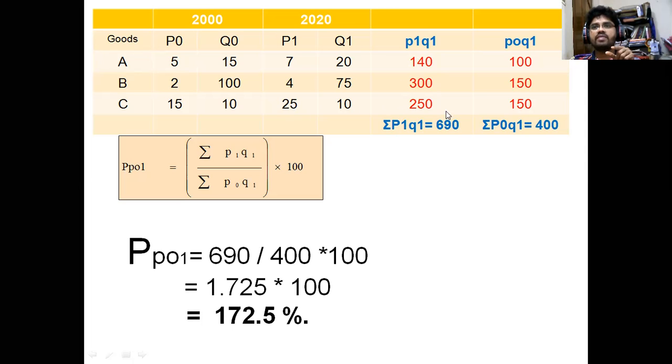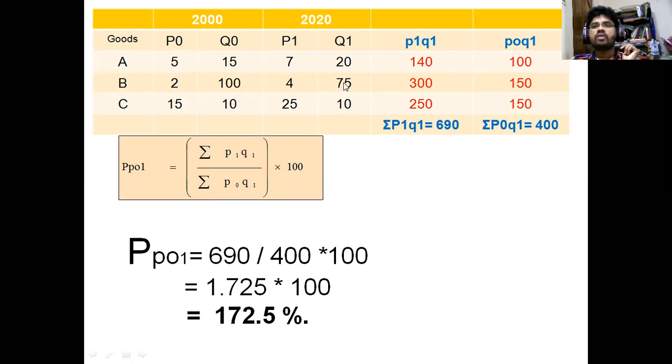When you add these three values, you get the sum of P1 Q1, which is 690. Later we need to calculate the sum of P0 Q1. P0 is 5 and Q1 is 20, so 5 into 20 is 100.